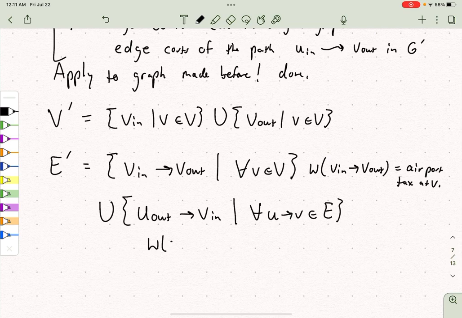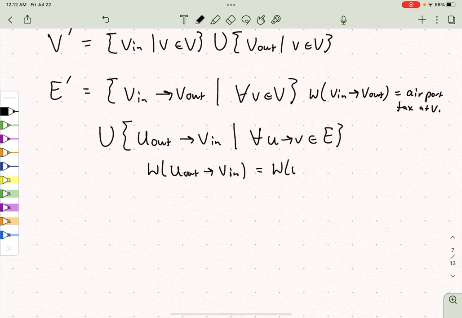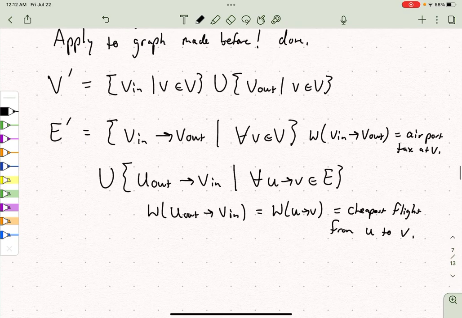And the weight of u out to v in is just the weight of u to v from the original, which is again the cheapest flight from u to v. And at last, it's pretty clear, but we should still say it's directed. And it's weighted with these corresponding new weight functions, W prime.